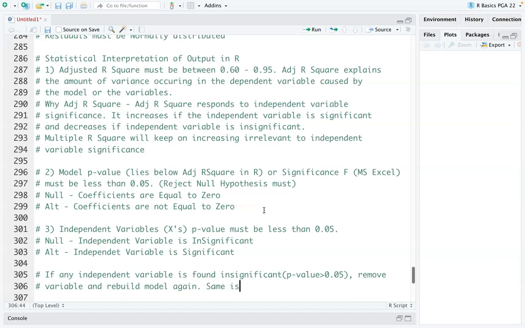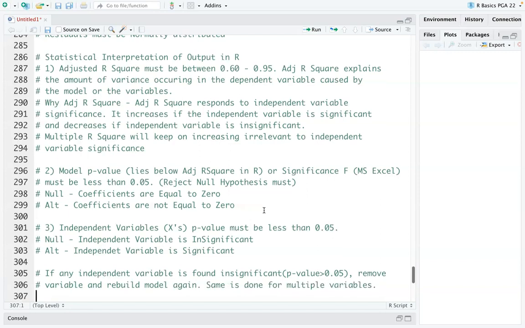Same is done for multiple variables. If you find multiple variables insignificant, you have to remove those variables and you have to rebuild your model.